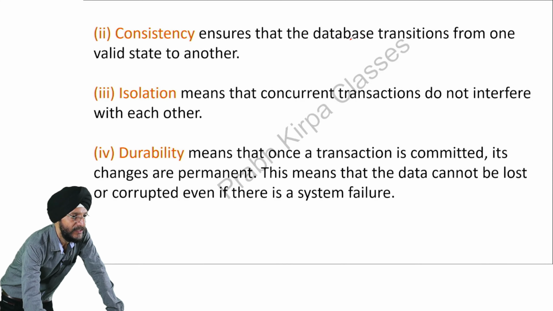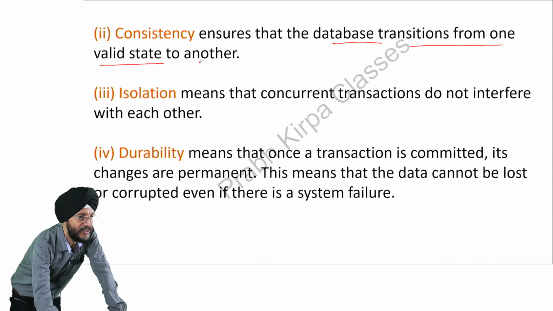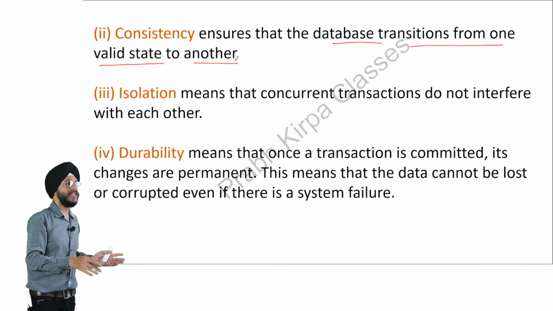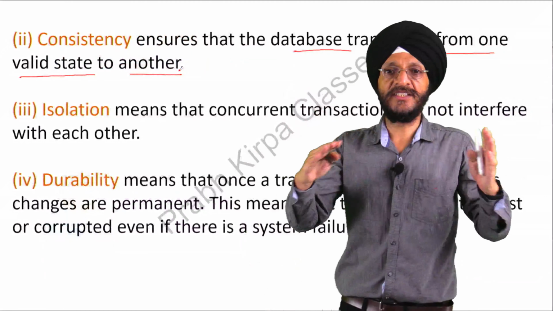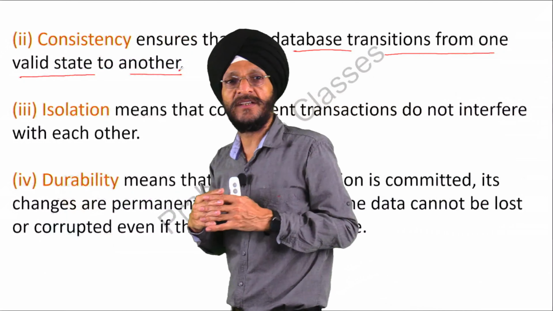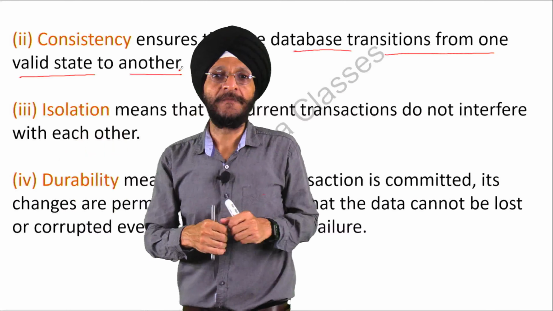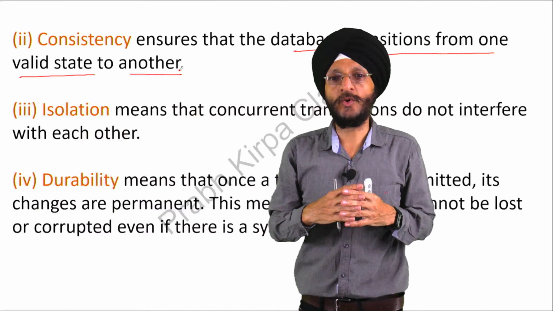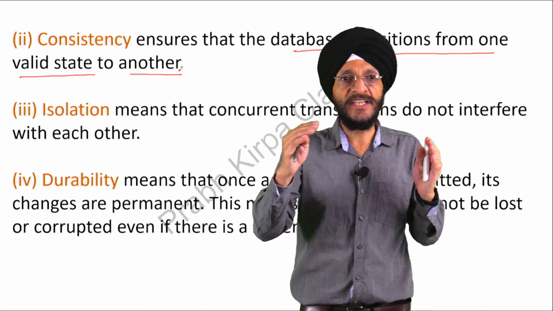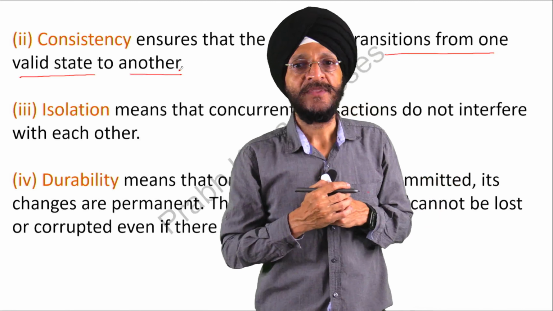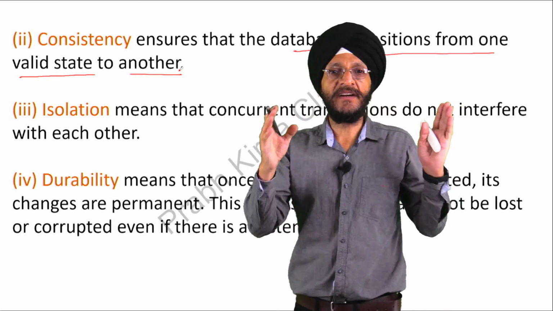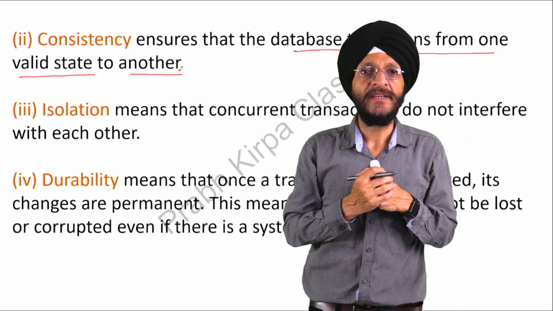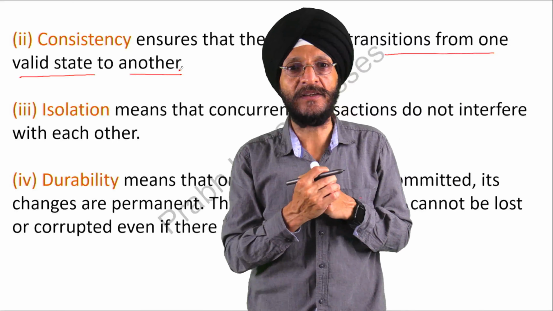Consistency ensures that the database transitions from one valid state to another. Isolation means that concurrent transactions do not interfere with each other. Durability means that once a transaction is committed, its changes are permanent. This means that the data cannot be lost or corrupted even if there is a system failure.